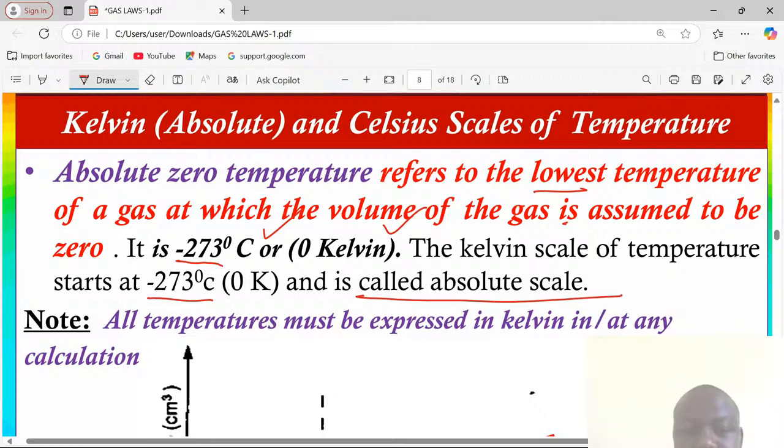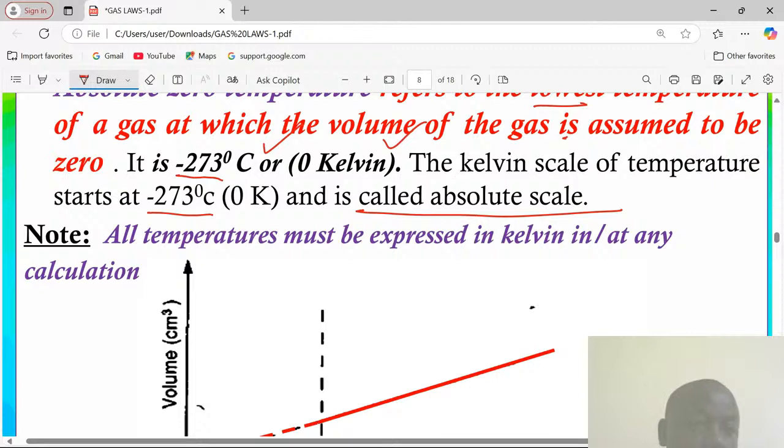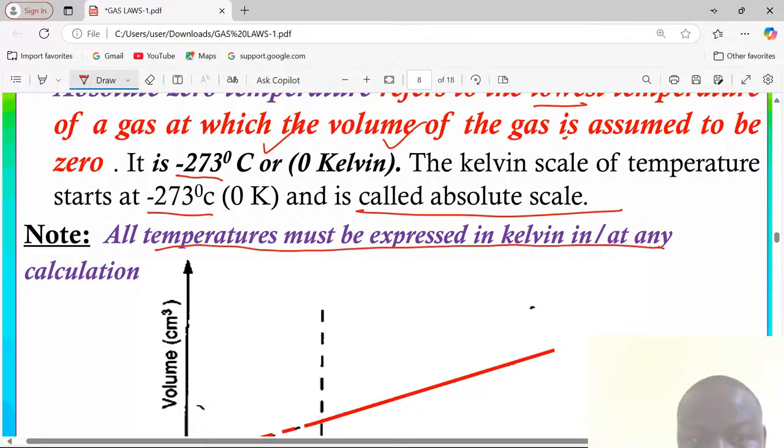Now, it is good for you to know that whenever you are using the relationship between temperature and volume for Charles' law, in any calculations you'll be doing, we'll be using absolute temperature, or simply temperatures must be expressed in the Kelvin, more so when you are doing calculations. In any other argument, you can use any scale.